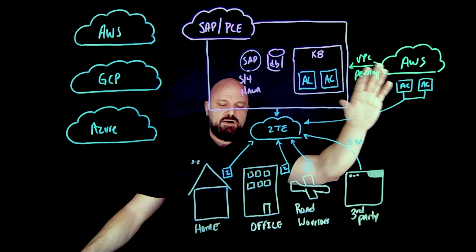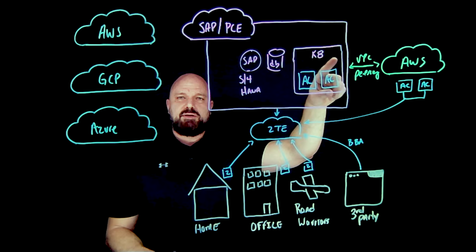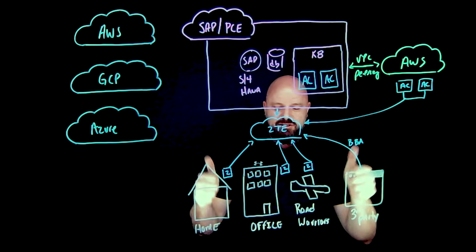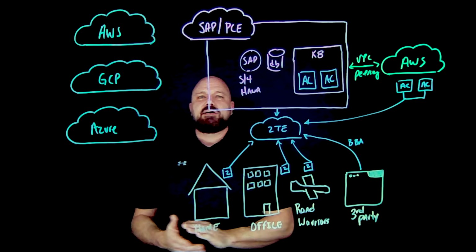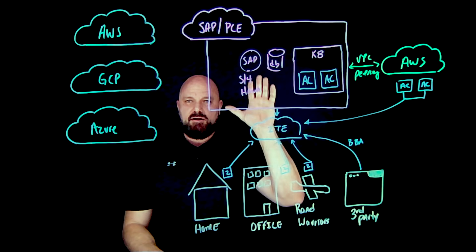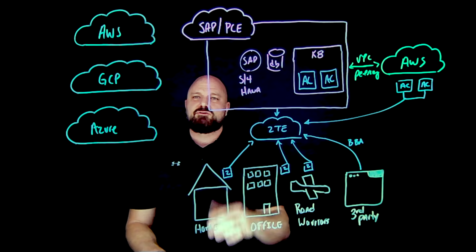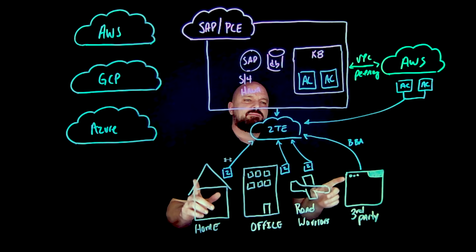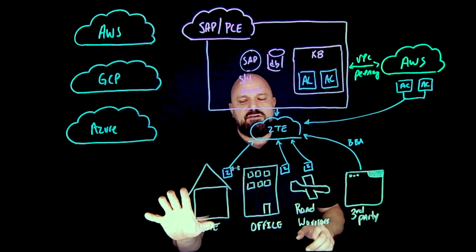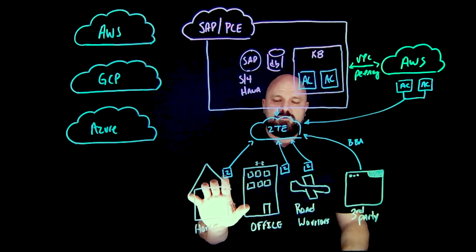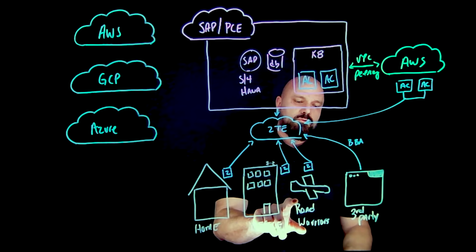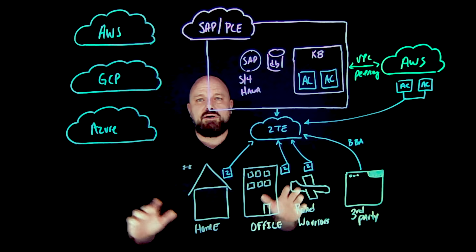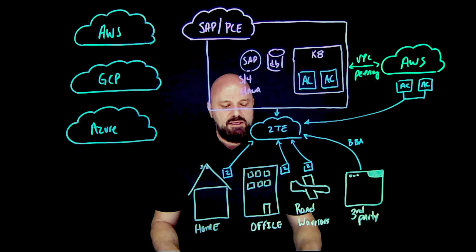If you want to venture out and have full control, do the VPC peering between, let's say, your AWS and the other AWS, you're good to go. Next, you get SAP isolation by hiding your entire SAP applications behind the Zero Trust Exchange, because if you can't breach it, you can't breach it. And last but not least, the benefit across the board, whether your users are at home, in the office, road warriors, or even third-party users, is support for SAP GUI or SAP Fiori.